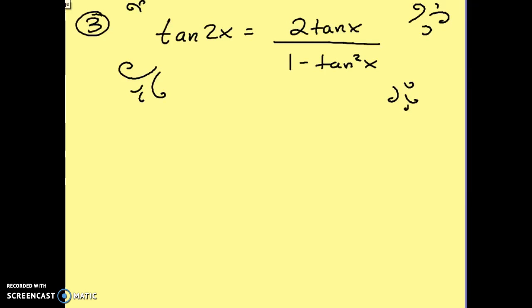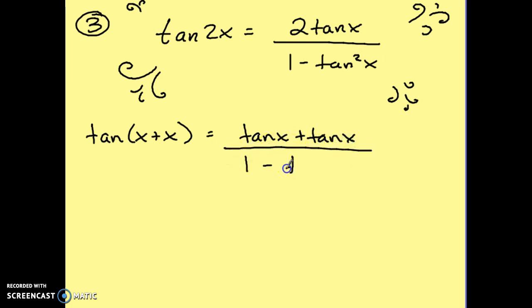Alright, so tangent of 2x, again I'm going to show you how to get this formula. And so with tangent, it's x plus x. I'm going to use my addition formula. So we do tangent x plus tangent x all over 1 minus tangent x times tangent x.